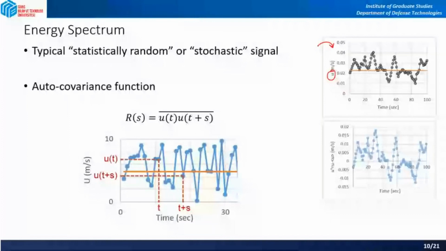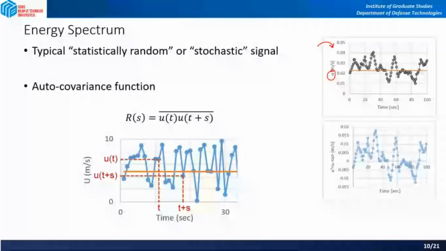Then you go to another time like t prime, again using that certain lag. So this s is constant, the lag is constant. You will have the velocity at t prime and then u at t prime plus the same lag. Then again multiply these two and so on. And then you get the average of all of those. So this average means that. And then you will obtain this R, which is your autocovariance function.